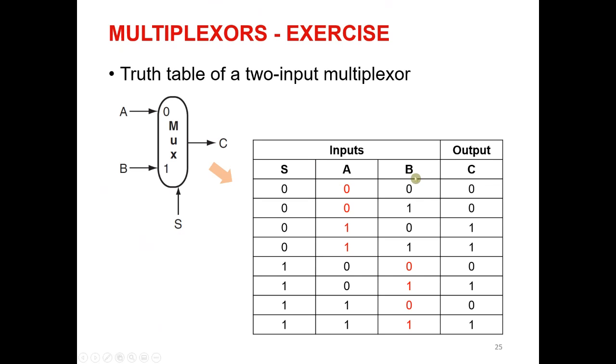As we have mentioned, the inputs will be A, B, but also the selector, the signal S. Depending on S, we are going to select the input A or B. So the only thing which matters here is S. If S is 0, such as in the first 4 rows, then we are going to select the input A. It doesn't matter what B is, so C will be equal to A. On the contrary, if the selector S is 1, such as in the last 4 rows, we are going to select B. So C is going to be equal to B, and it doesn't matter what the value of A is. Okay, makes sense?